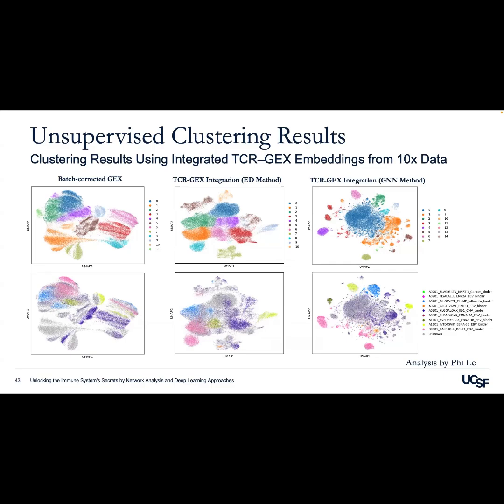The bottom row is color coded based on antigen peptide information. The first one considers only gene expression data, the second is the ED integration, and this is the GNN integration. Visually, you can already see that with the integration methods, the clusters correlate strongly with the antigen information.